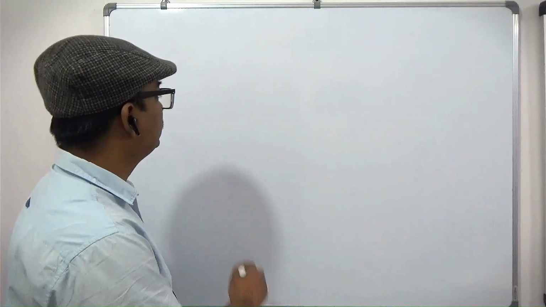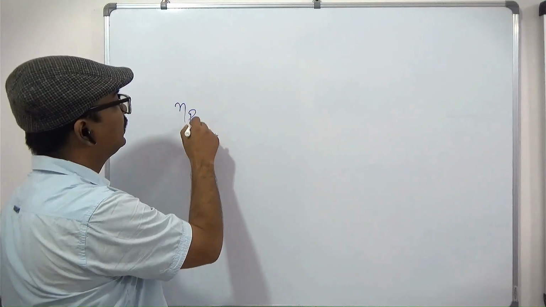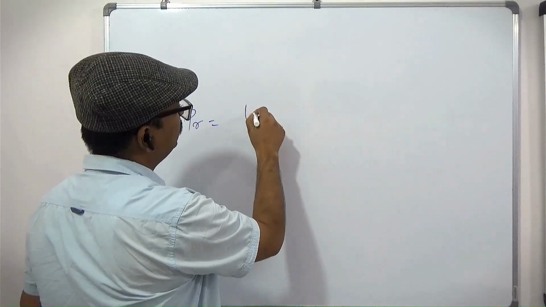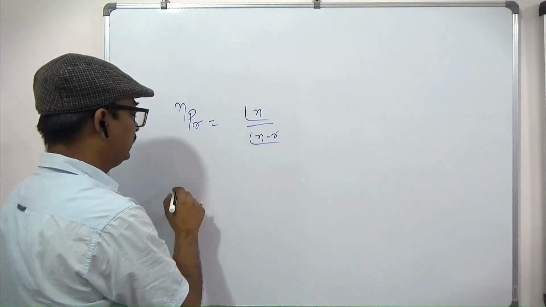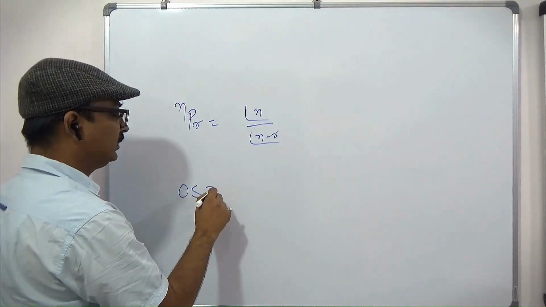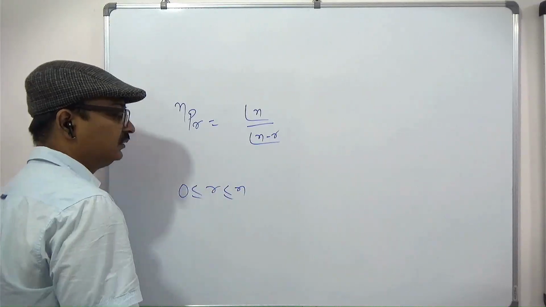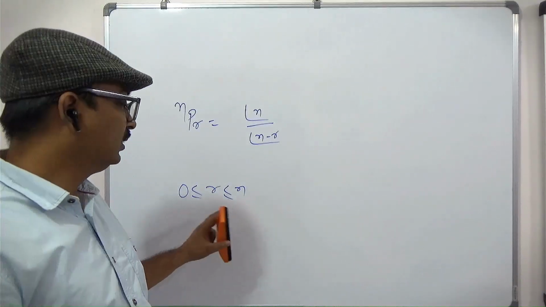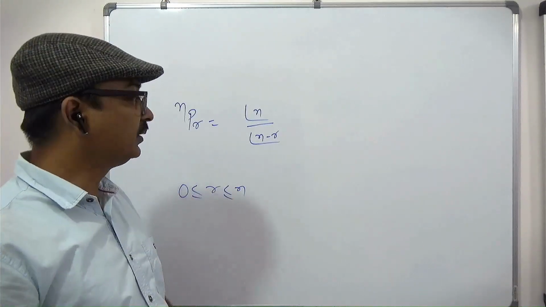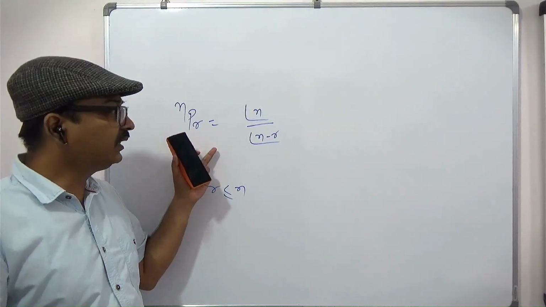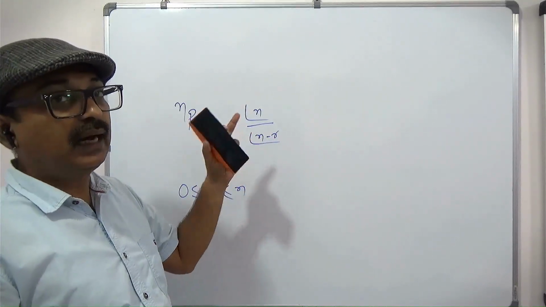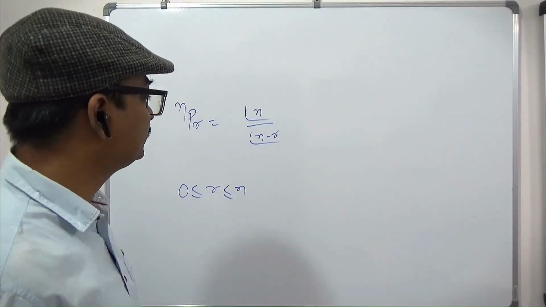So we have seen permutation, nPr, which was equal to factorial n by factorial n minus r. The value of r is between 0 and n, both upper and lower limits included. So permutation is an arrangement of taking n number of objects r at a time in a definite order.